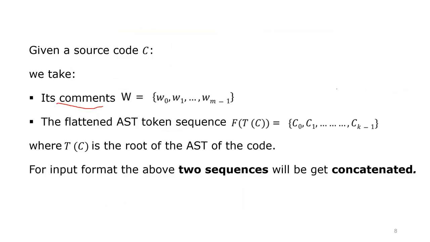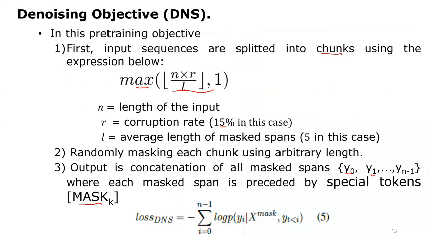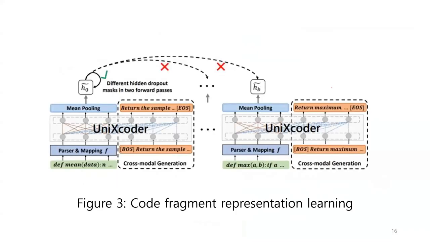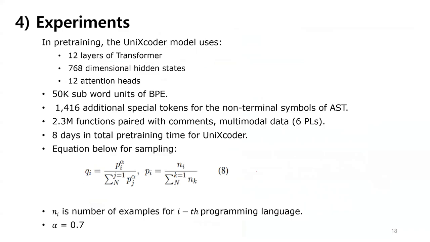So they remove 50% of those tokens in the pre-training stage, and in fine-tuning they use only the leaves, which means actual source code. In the experiment, it's actually the same architecture as the unified language model pre-training for natural language generation and understanding, which was published in 2019.